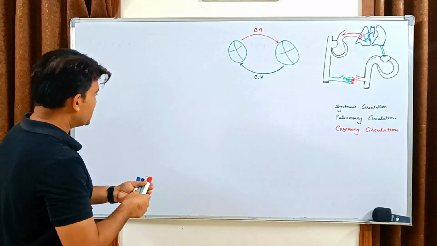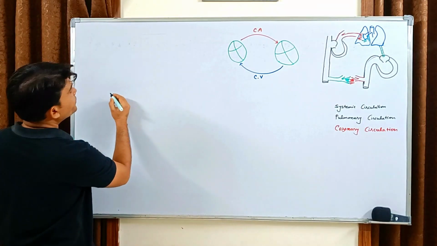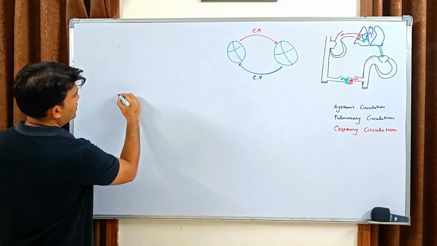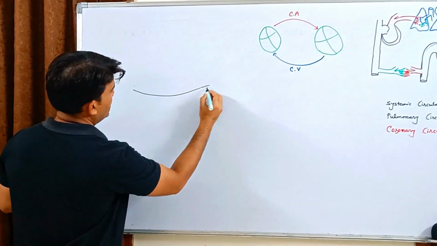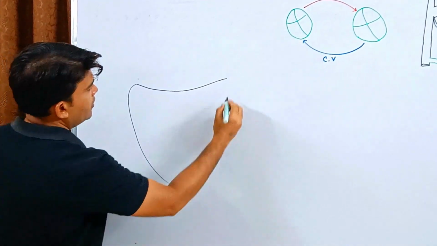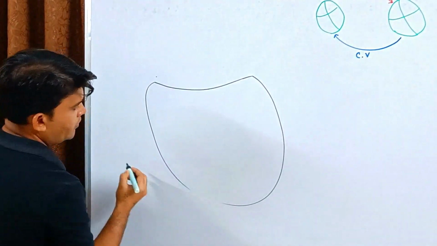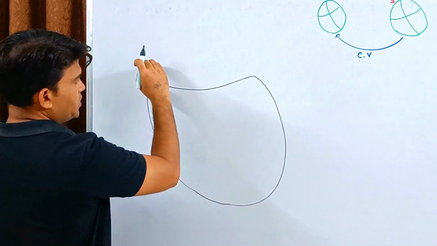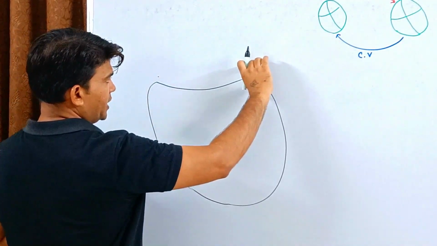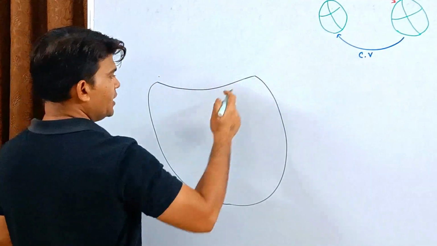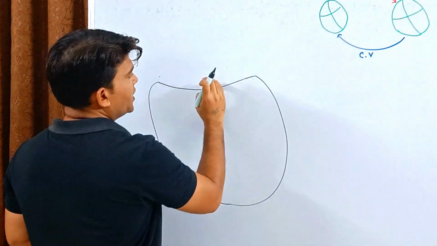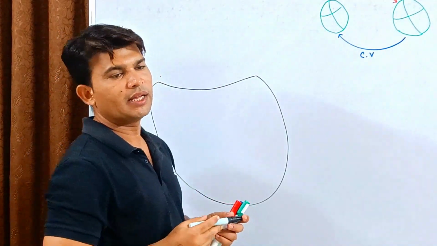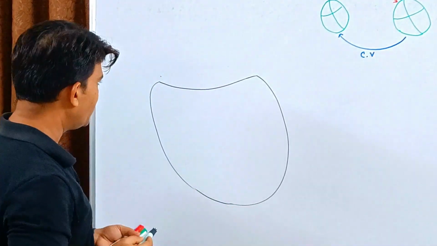See, suppose this is the ventricle, left and right ventricle, right? On the top, or head, of both ventricles the coronary artery travels, and it looks like the crown of the king. That's why they are given the name coronary artery, right?